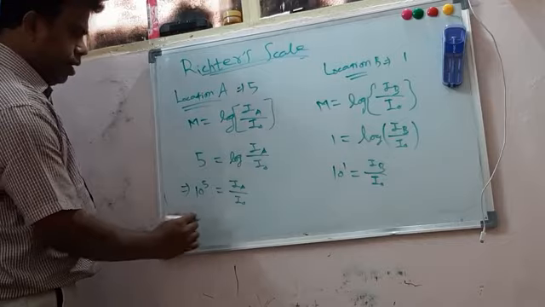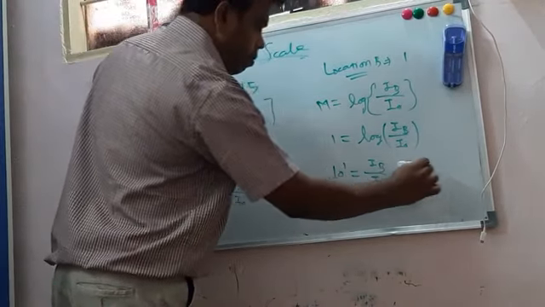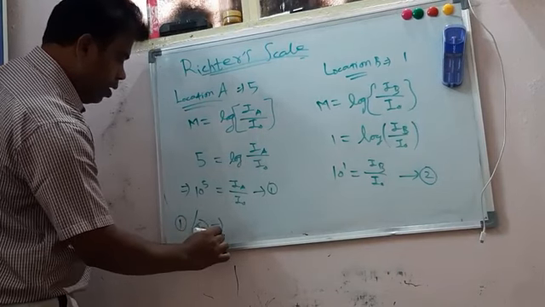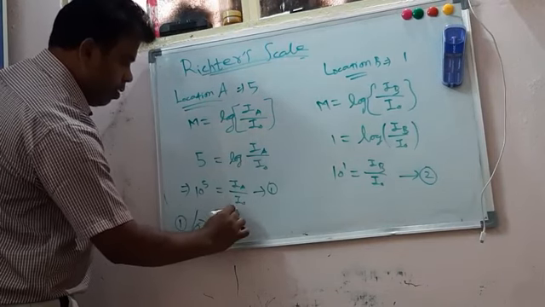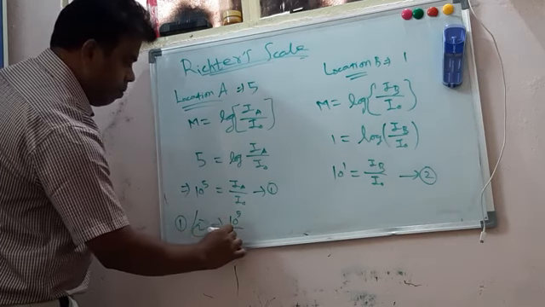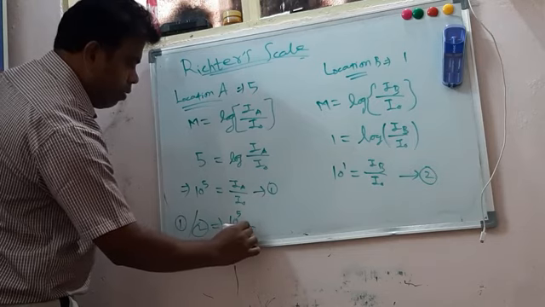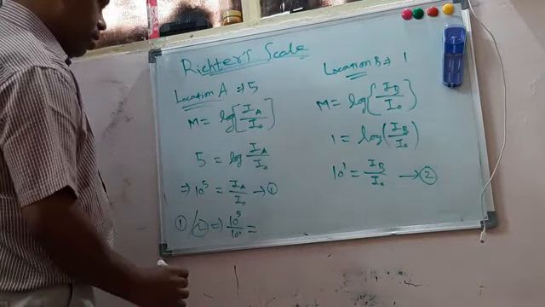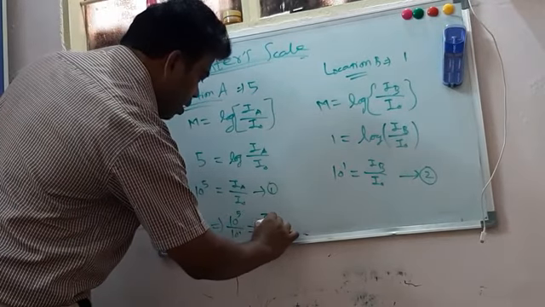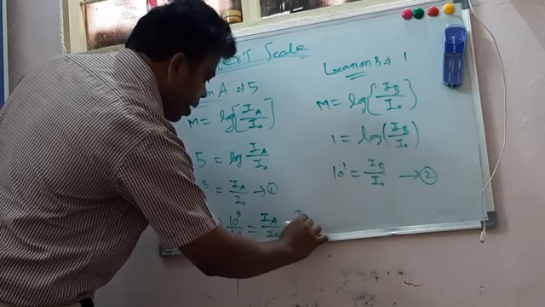We just divide these equations, 1 by 2, and you will get 10 power 5 by 10 power 1 equal to IA by I0 into I0 by IB.